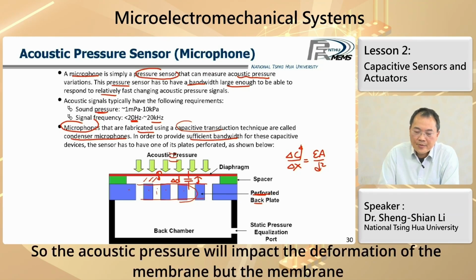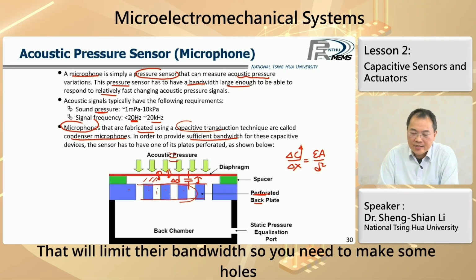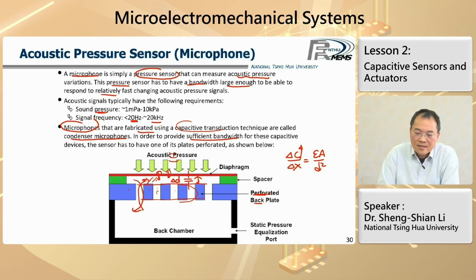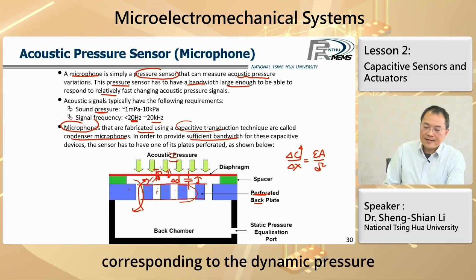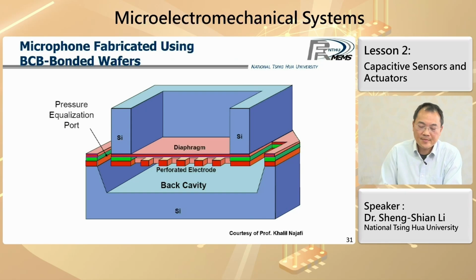So the acoustic pressure will deform the membrane, but the membrane needs to squeeze the air. That will limit the bandwidth. So you need to make some holes, allowing the air to go in and go out, corresponding to the dynamic pressure of the sound. Okay, so the perforated electrode is important.